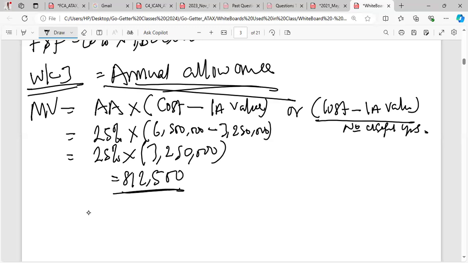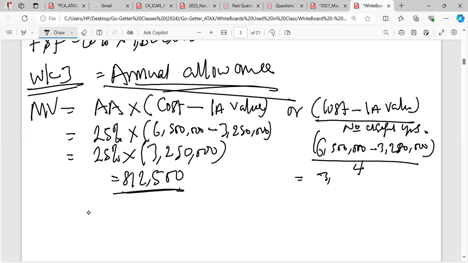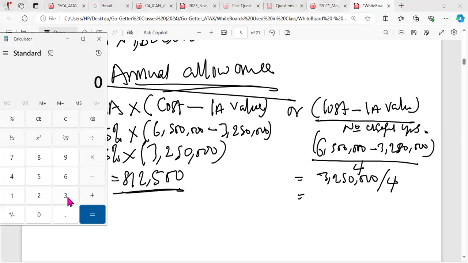If I decide to use the other method, I will say 6,500,000 minus 3,250,000 all over 4 years. That is 3,250,000 divided by 4, which gives us 812,500.